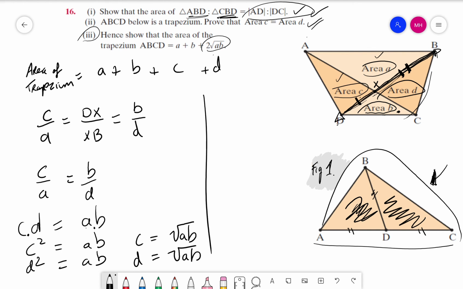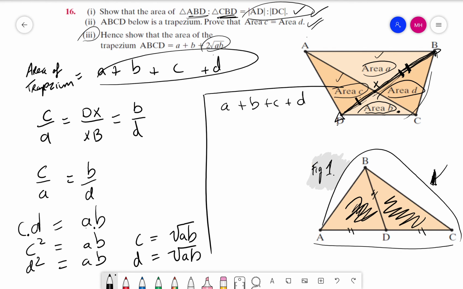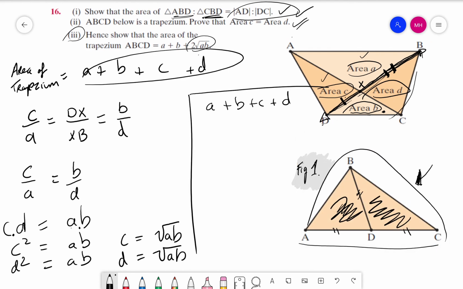So now you can go back up to your original thing. So we had A plus B plus C plus D, which now gives us A plus B plus the square root of AB plus the square root of AB. So instead of C, it's the square root of AB, and instead of D, it's the square root of AB.